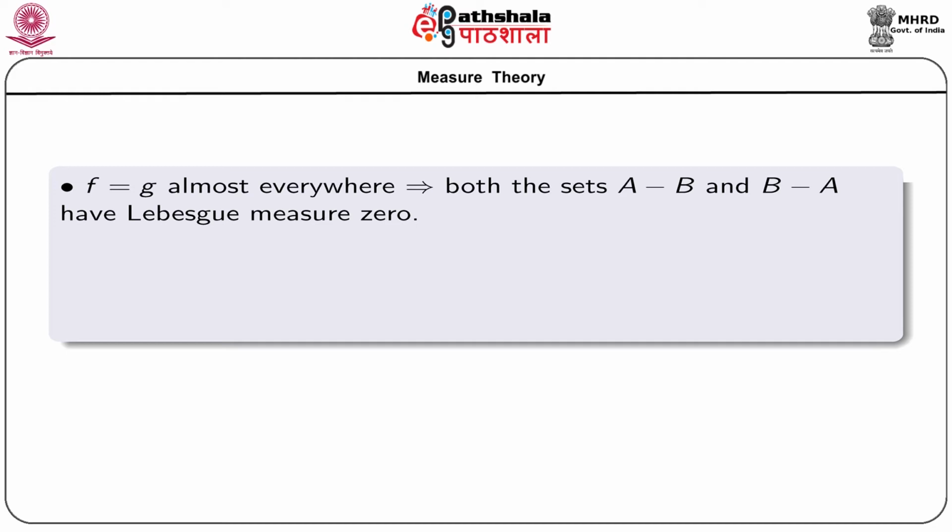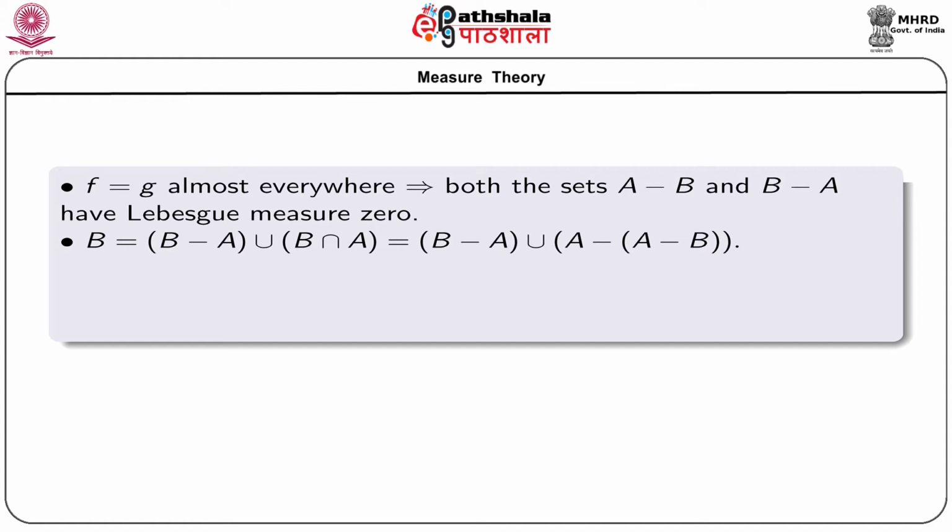Now, since by our assumption f is equal to g almost everywhere, the points where f is not equal to g form a set of Lebesgue measure 0, and consequently both the sets A minus B and B minus A, where obviously f(x) is not equal to g(x), have Lebesgue measure 0.